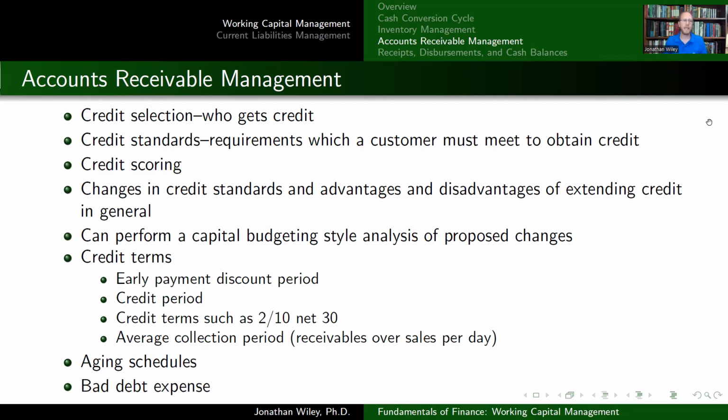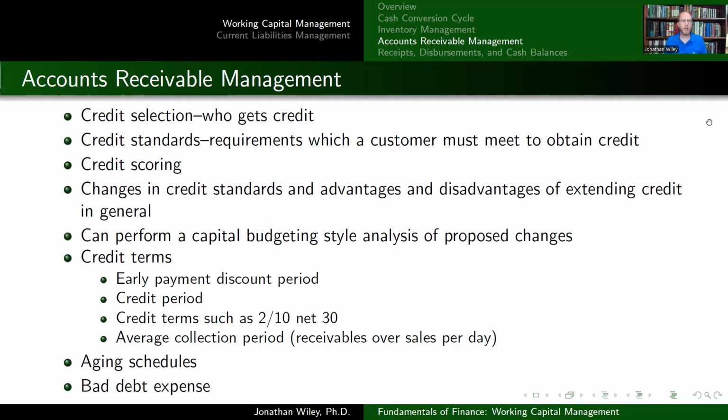So if I give them more time to pay, average collection period goes up, cash conversion cycle gets longer. My money is going to be wrapped up in receivables for a longer period of time, which means that I'm going to have to invest more money in that, which is less efficient. So I have to weigh, do I get enough sales due to the increased length of time I'm giving the customers to make it pay off in terms of being more profitable overall.